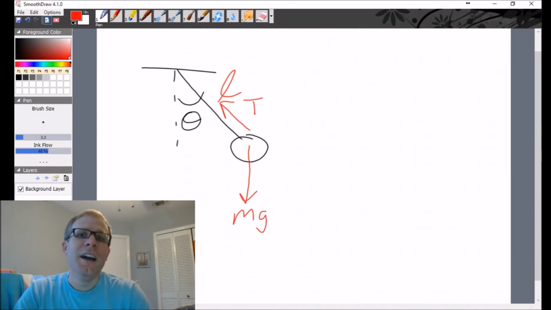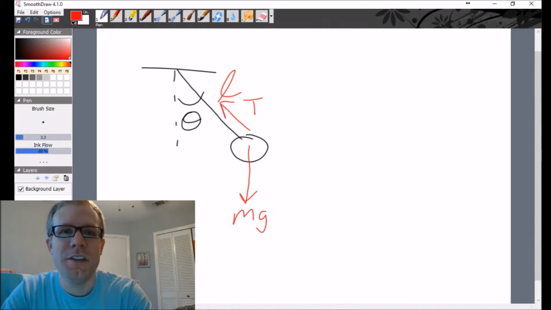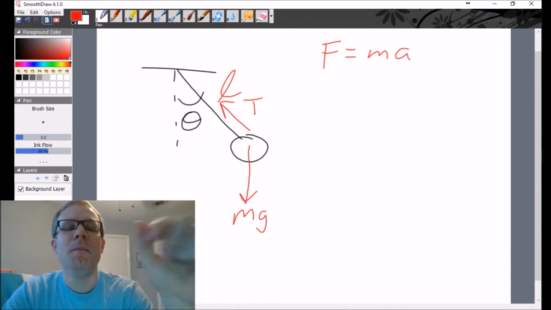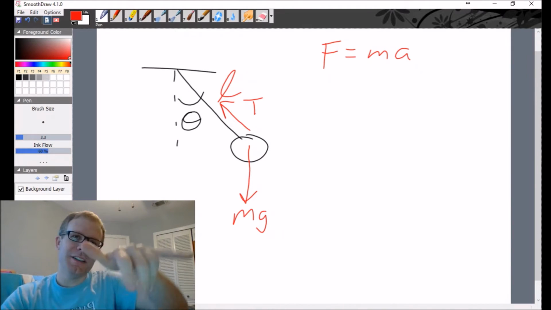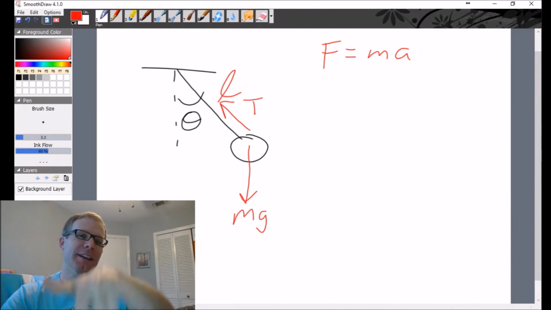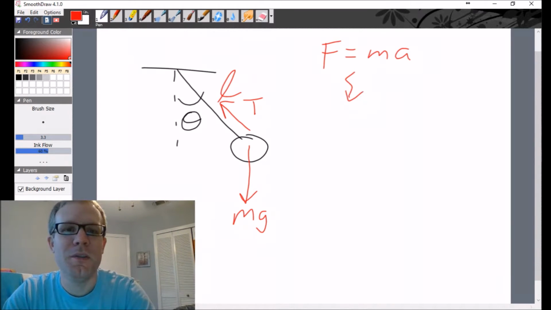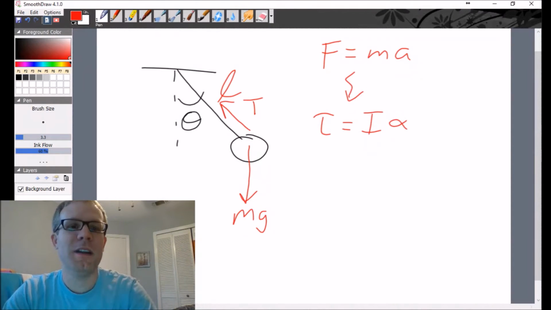When you look at this, you want to use the rotational version of Newton's second law. So the traditional version is F equals ma. But in this case, the acceleration is taking place around an axis, so it's actually easier to use the rotational version where the net torque is equal to this thing called moment of inertia times the angular acceleration.